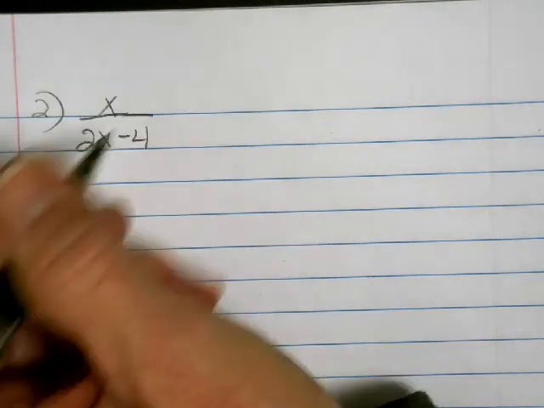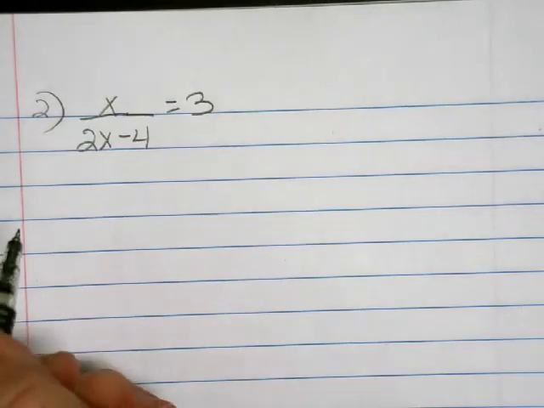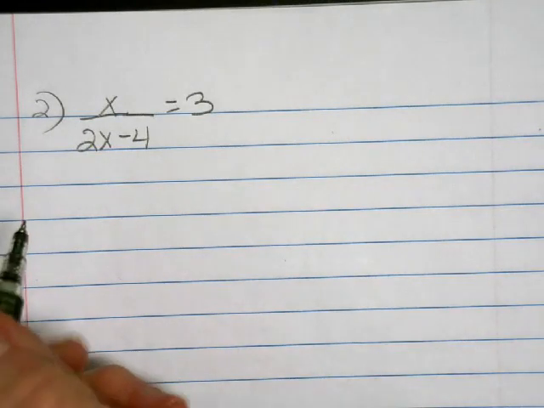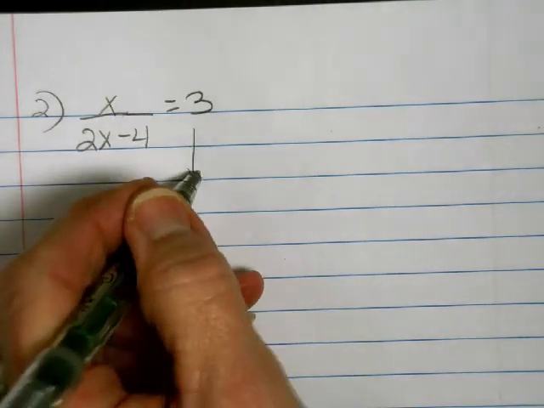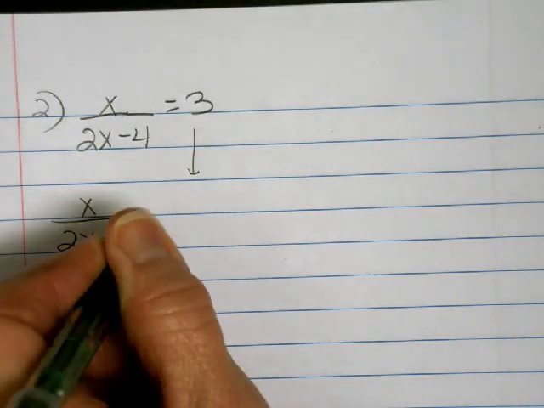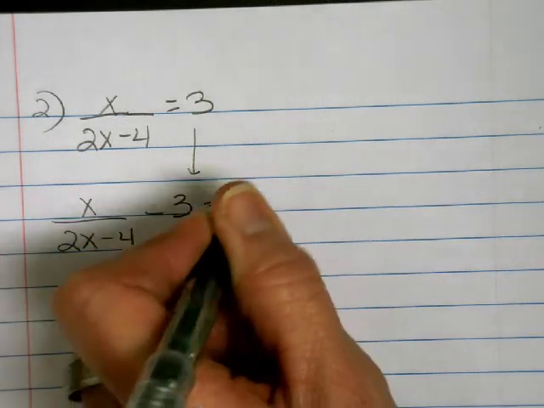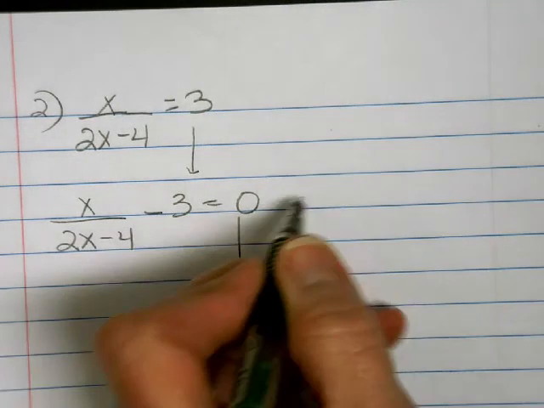Excuse me. Number 2 has an interesting, complicated rational function. It is x over 2x minus 4 equals 3. And just like the last one, we can't talk about it on a graph until we make it into a function. So I have to scoot the 3 over by subtracting it from both sides.